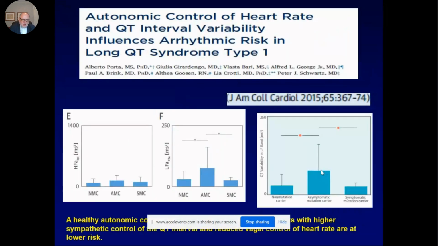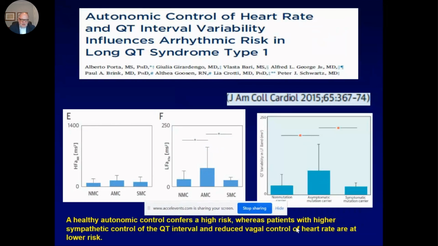Dr. Peter Schwartz, with Dr. Alberto Porta from Milan being pretty much in charge of this particular observation, analyzed about 15 or 20 carriers and about 20 or 30 non-carriers from South Africa, where Dr. Peter Schwartz is working too, and they analyzed whether some aspects of heart rate variability could be identified in the arrhythmic risk of long QT1 patients.